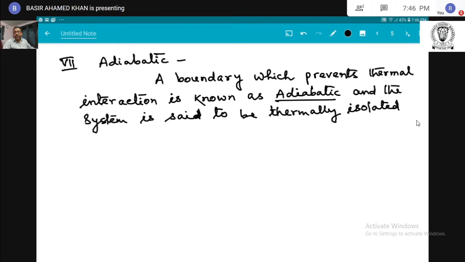This is adiabatic. And diathermic. Next one is diathermic.